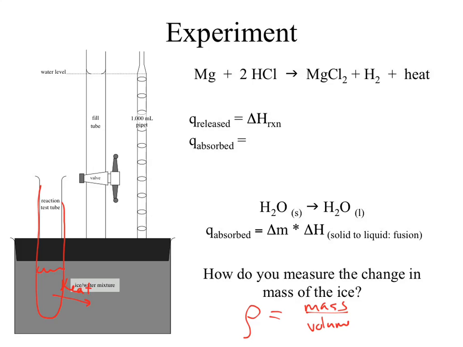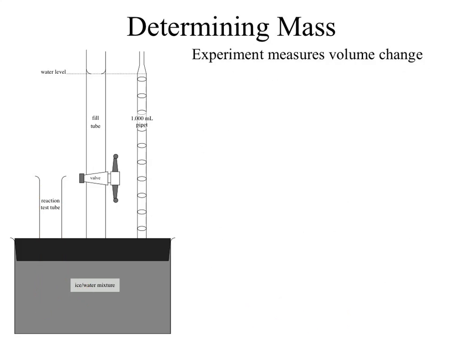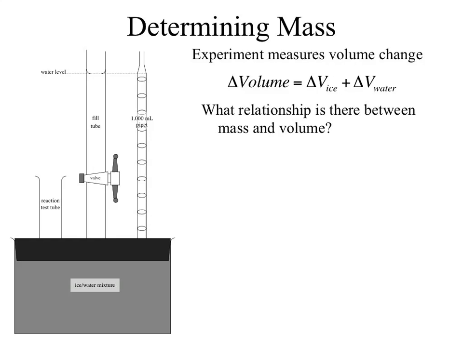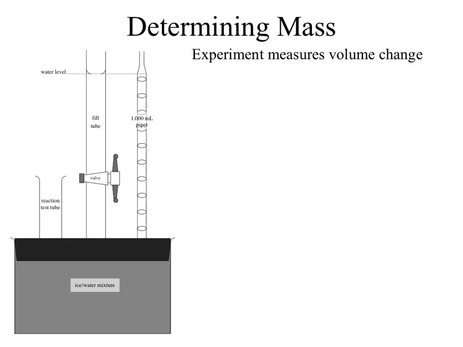I think it's on the next slide. So let's see if it is indeed. Shoot, not quite yet. I didn't want to see that. So we've got the density is your mass over volume. We could rearrange this and say that our mass is equal to our volume times our density.